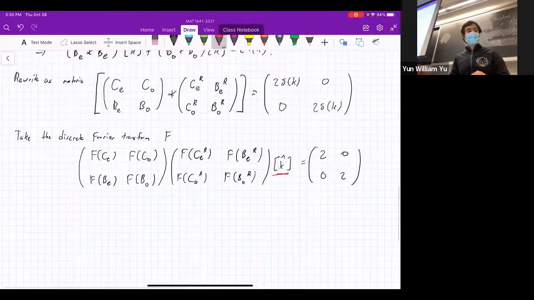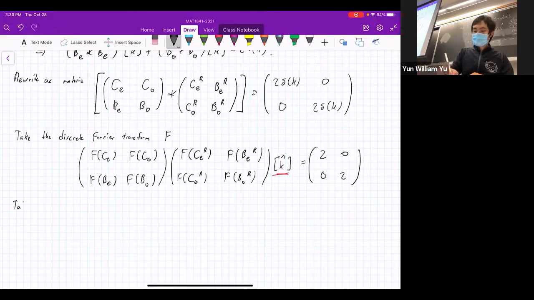Well, then you can take the determinant of both sides of these matrices in your transform space. So taking the determinant, what are you going to get?